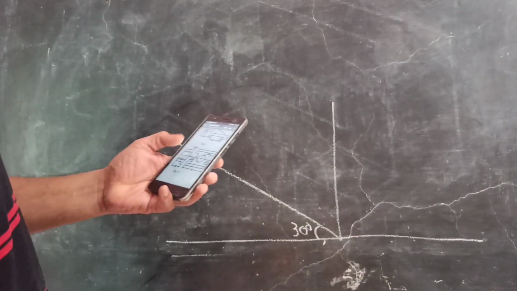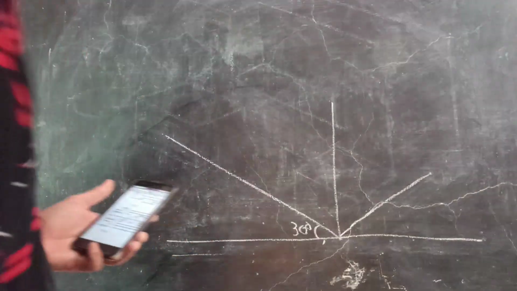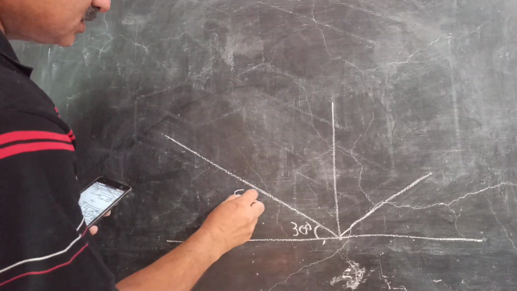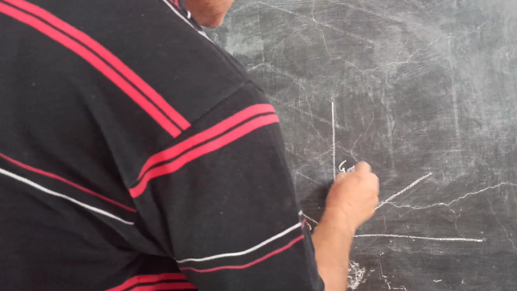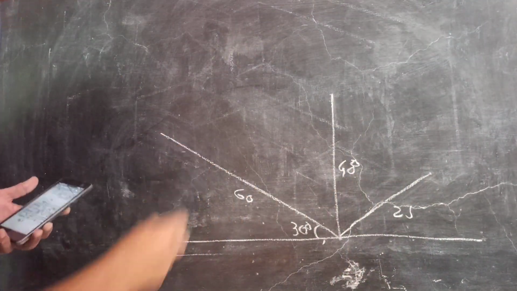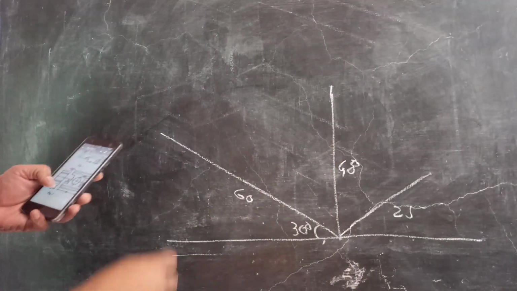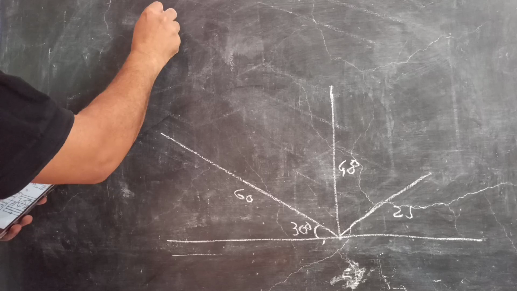The height is 48 and the width is given as 25. So this is again at 30 degrees. So this is 60, this is 48 and this is 25. So you can draw this box.